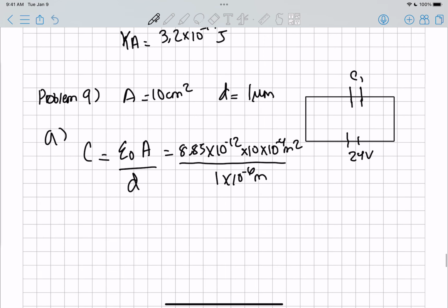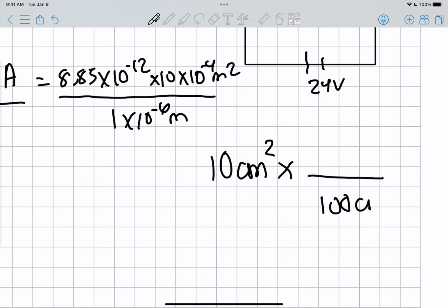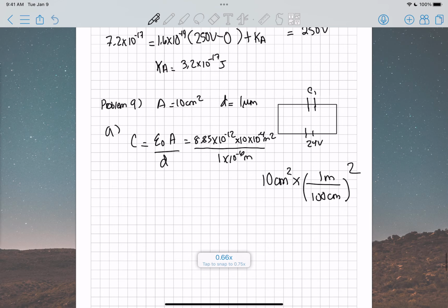If you're wondering how I got 10 times 10 to the negative 4 meters squared, there are 100 centimeters in 1 meter, and you have to square this whole thing to get meters squared on top and centimeters squared to cancel on the bottom. And your capacitance then, I believe, should be 8.85 times 10 to the negative 9 farads.